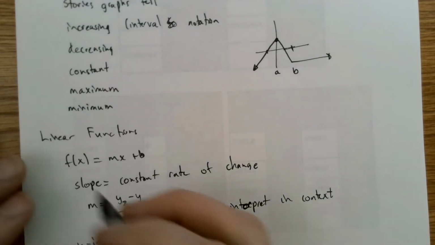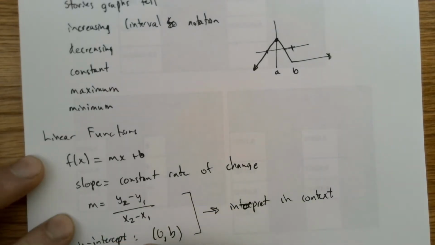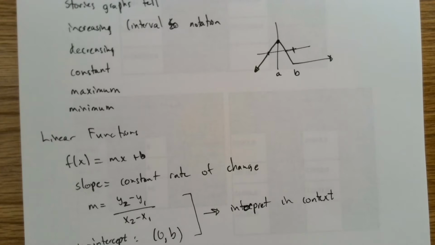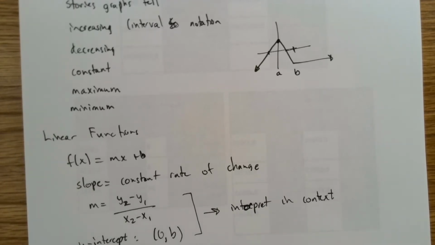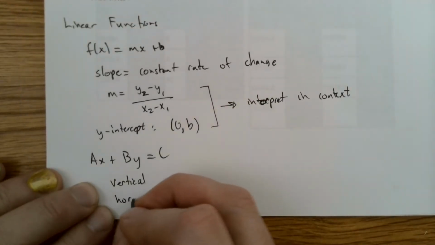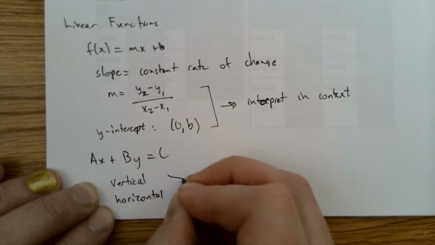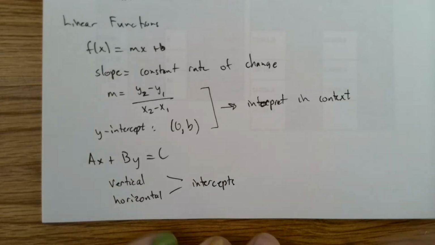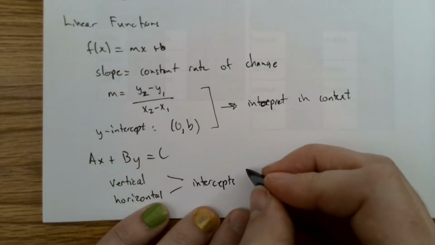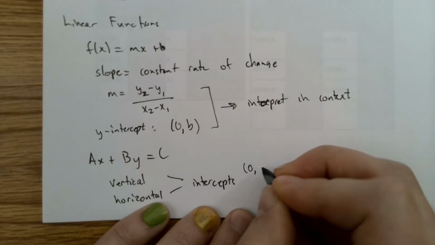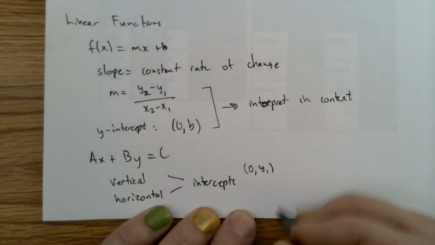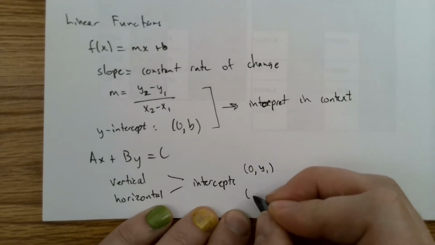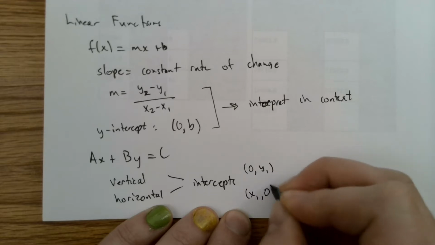We looked at another version of this line, and that was ax plus by equals c. Not super useful, but we looked at how we could identify the vertical intercept and the horizontal intercept. And those are just the x and y intercepts, respectively. So the vertical intercept occurs at (0, some number for y), I'll label it y1, and the horizontal intercept occurs at some x value, 0.